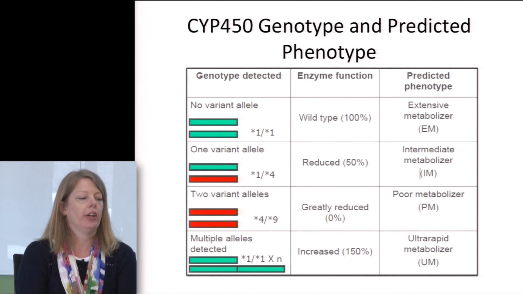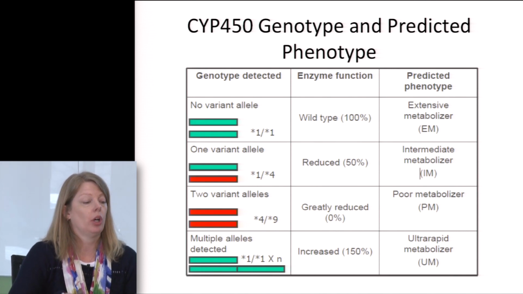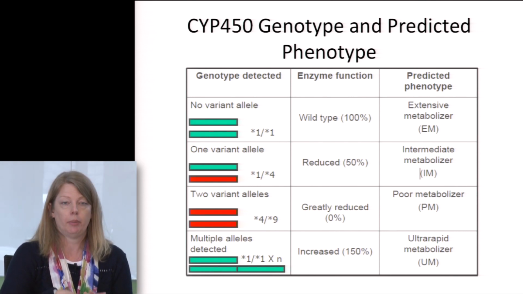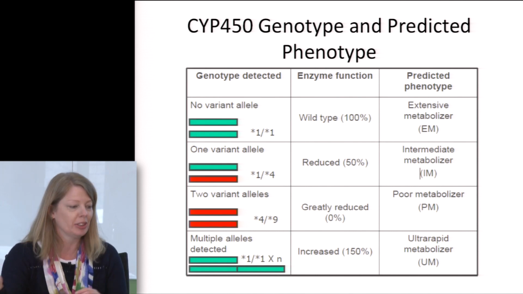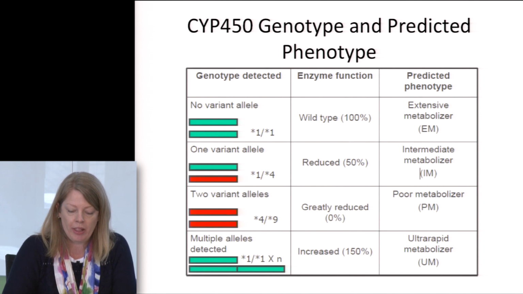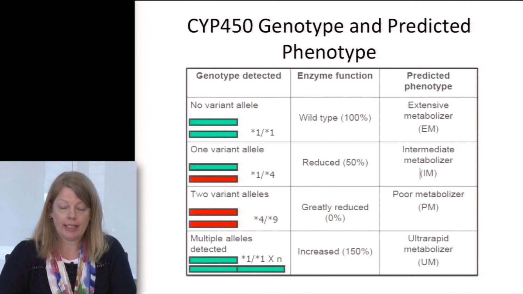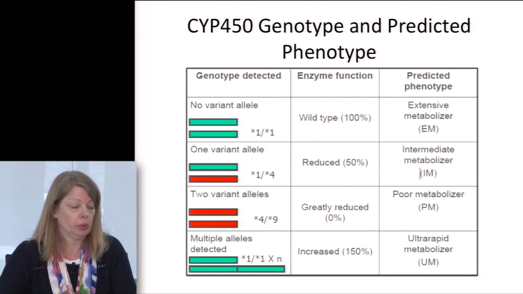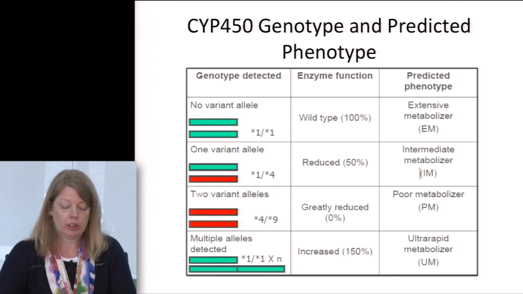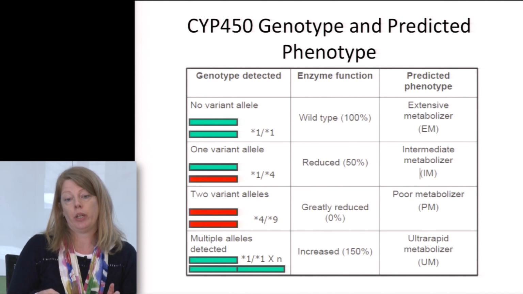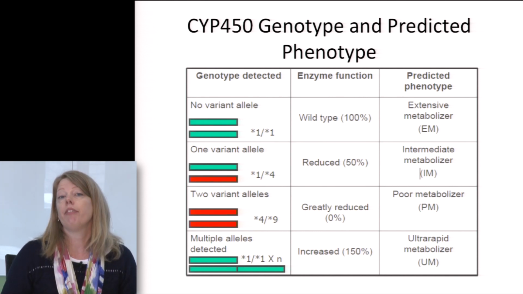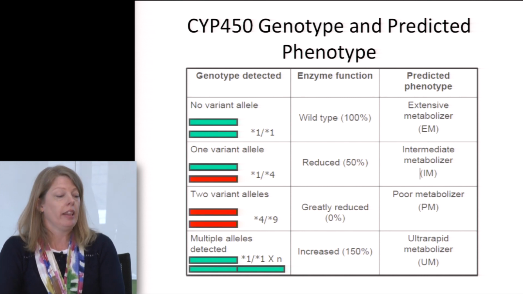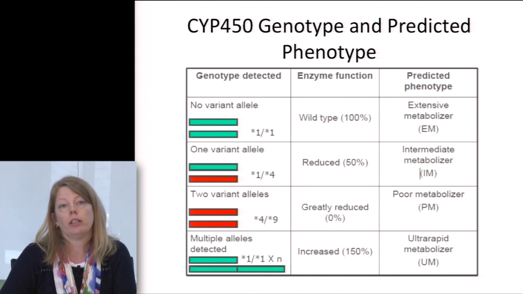I just want to note here that the way the star alleles are typically defined is by testing for the variants used to define specific star alleles. So what I mean by that is a test will test for specific star alleles, say star 2, star 3. If those variants, remember from the grid, that are present in the star 2 and the star 3 are not found in a person, then the test defaults the star allele assignment to star 1.